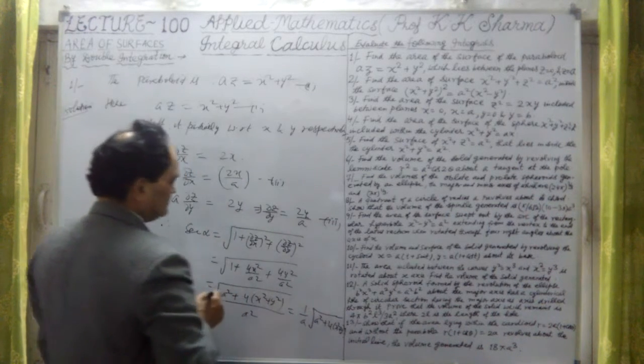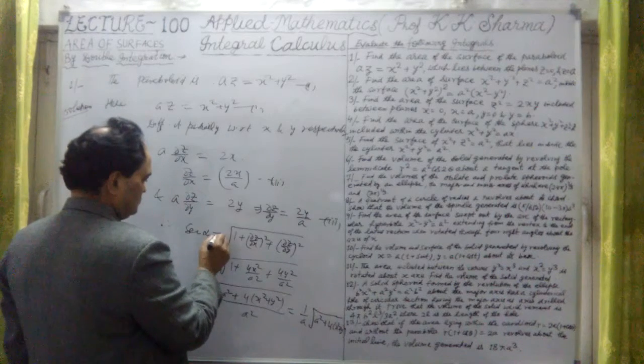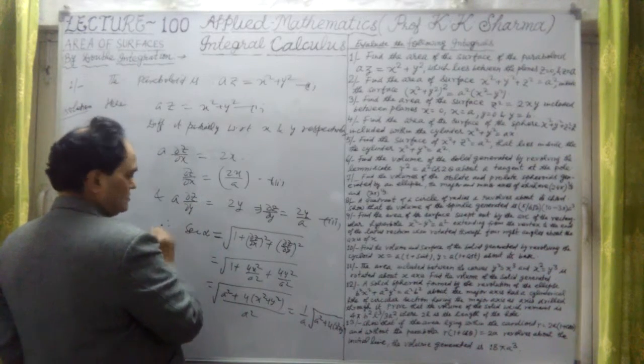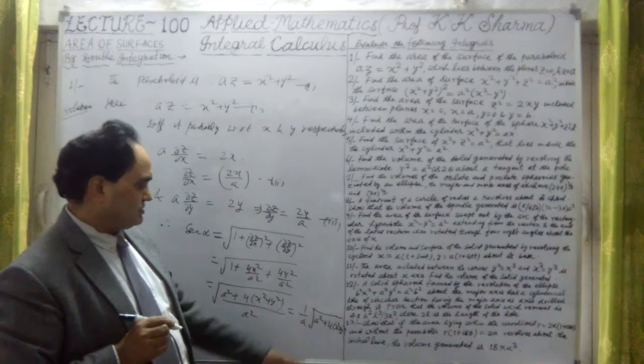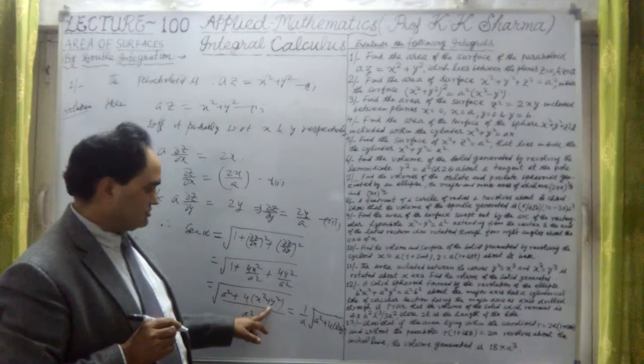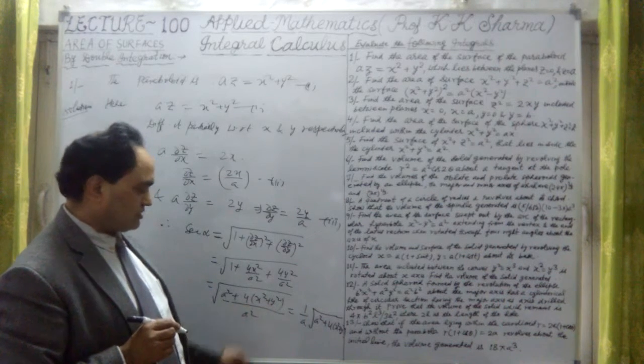Now if I convert this into polar coordinates, then x square plus y square is equal to r square. This is r square here, a square plus 4r square in this case.